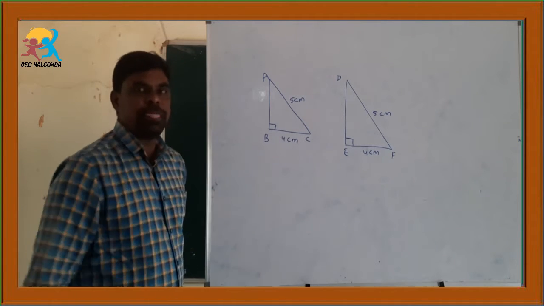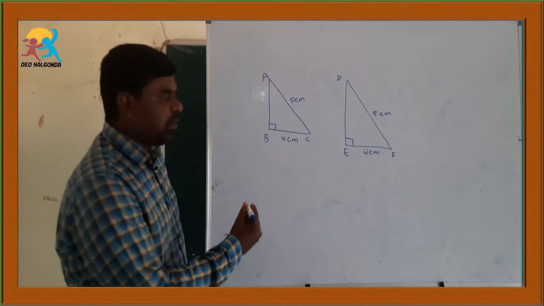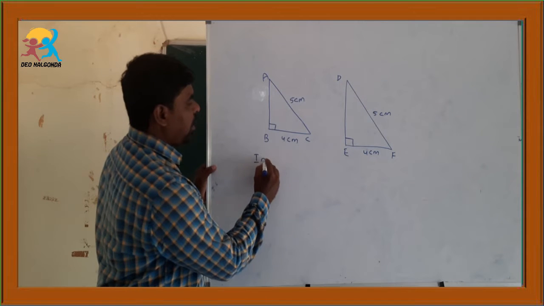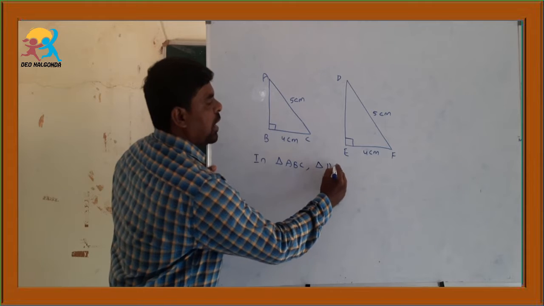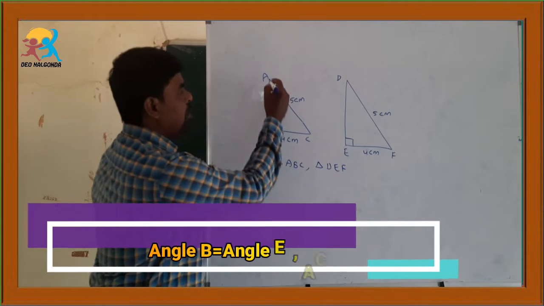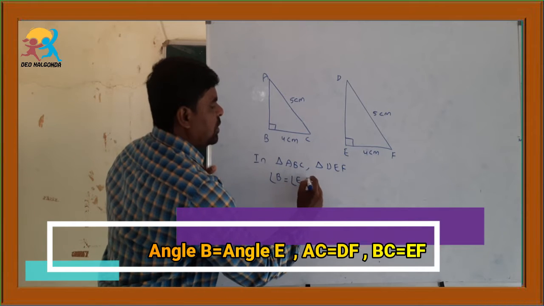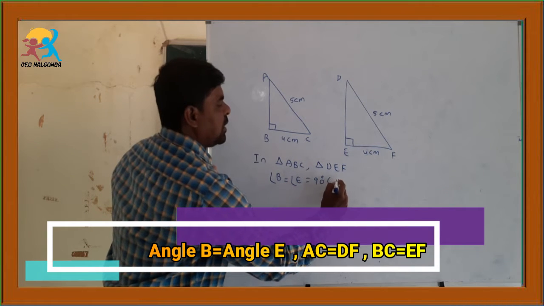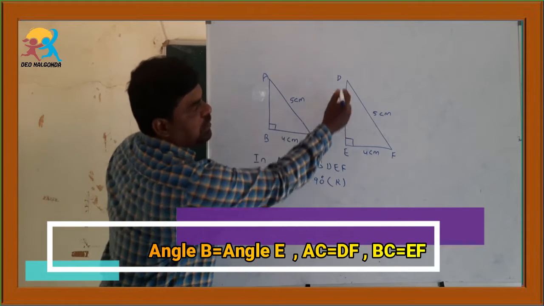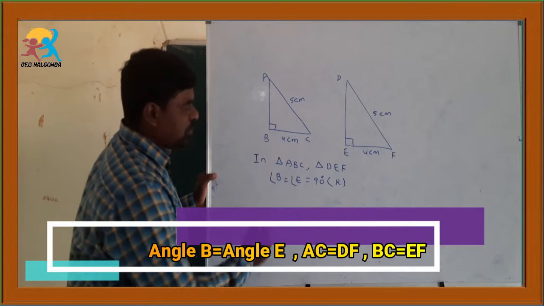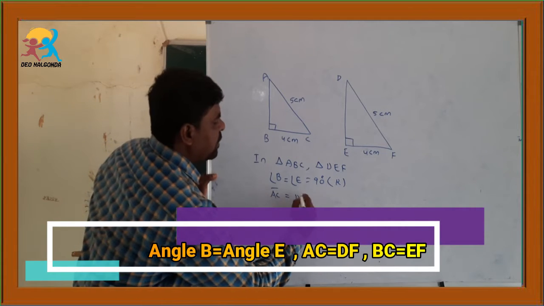Observe these two figures. In these two figures, what are equal? We will write in triangle ABC, triangle DEF, angle B is equal to angle E, that is equal to 90 degrees. This is right angle, and AC side is 5 centimeters, DF is 5 centimeters, so that we can write AC is equal to DF side.